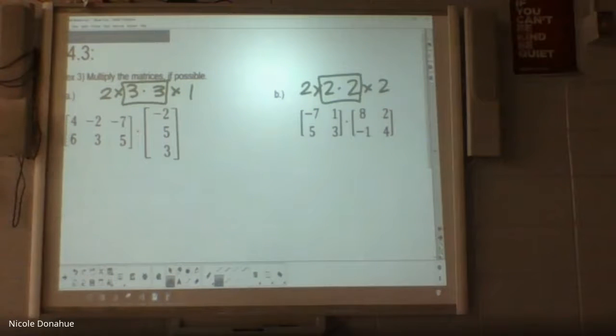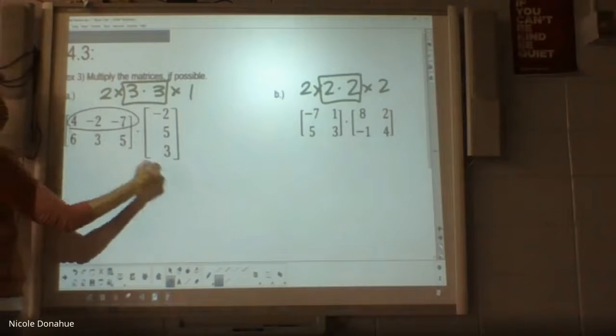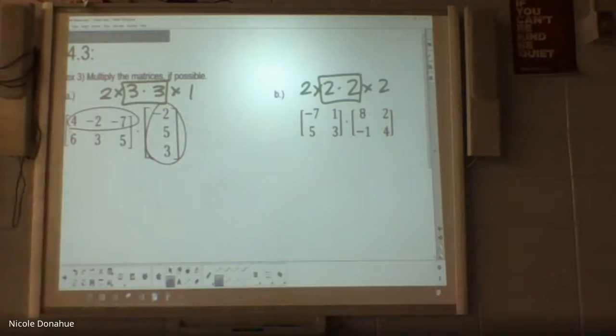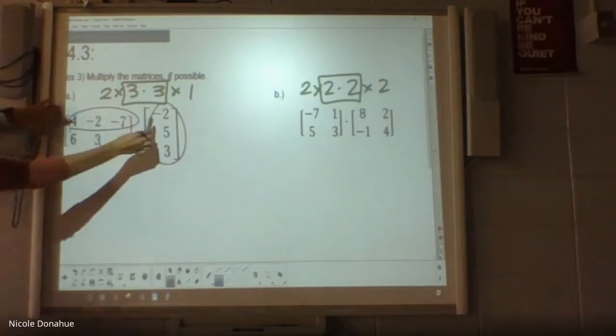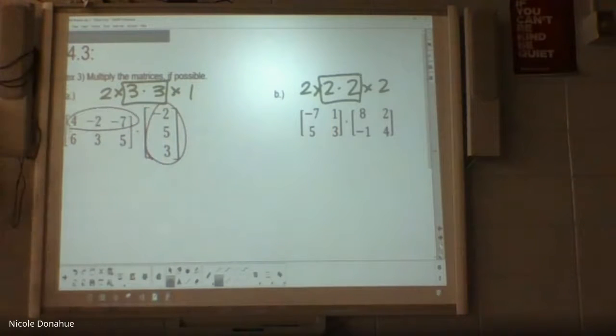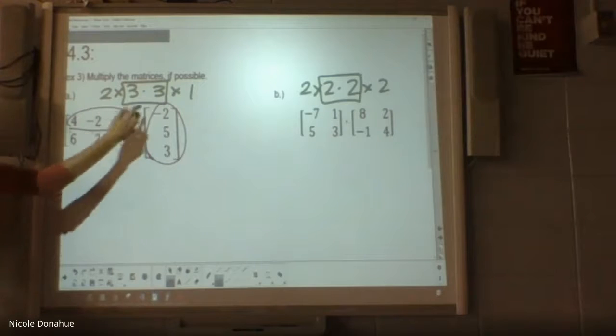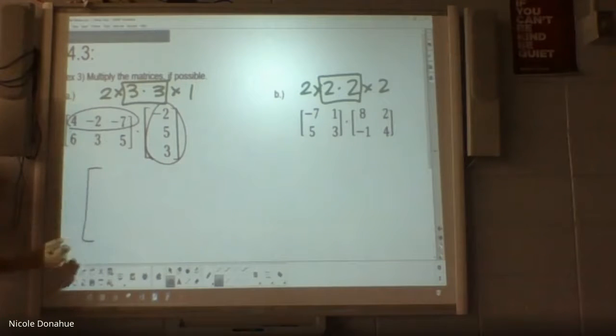So on letter A, if you guys didn't get anything for this one or are not sure if you got it right, please make sure you are following along so we can have one like this on our test. So this row has to go with this column. Since the whole circle goes together, I have to multiply as I go here, but then add them all together. So this is going to be my first row and my first column in my new matrix.